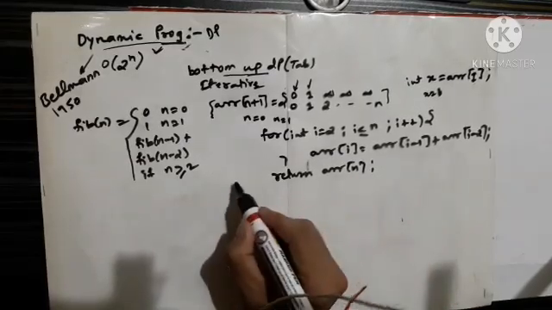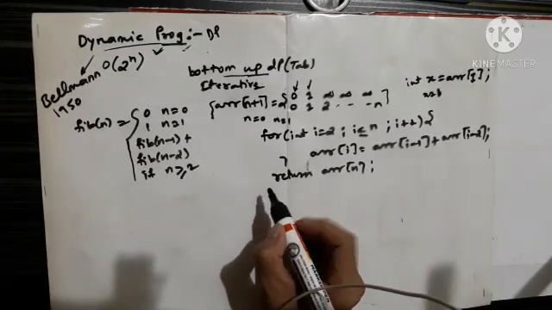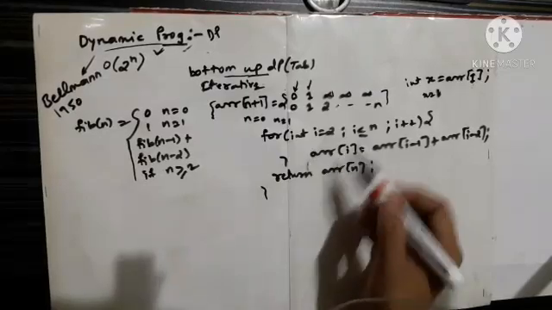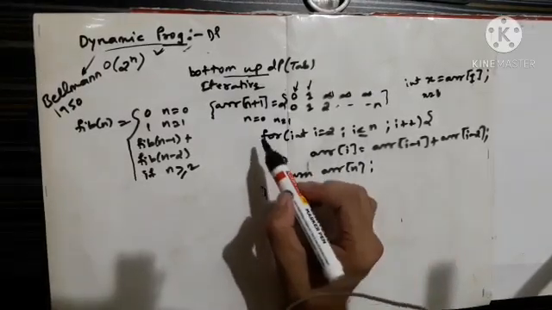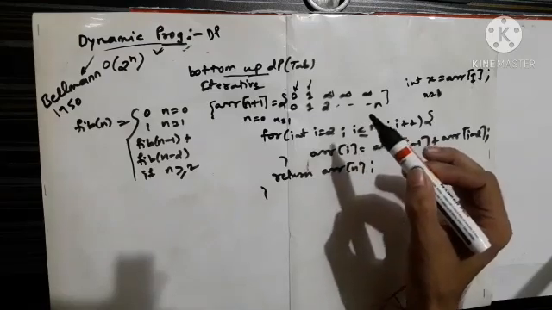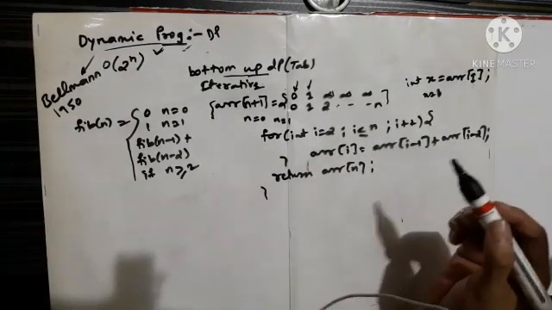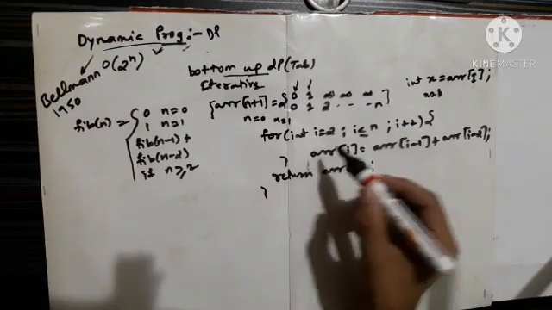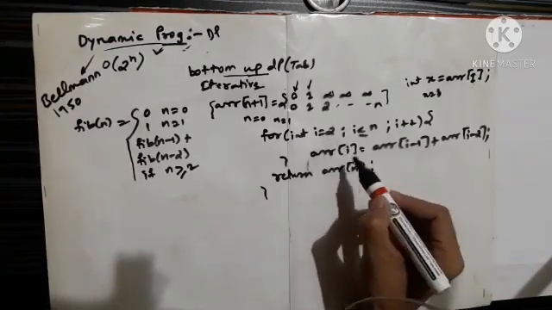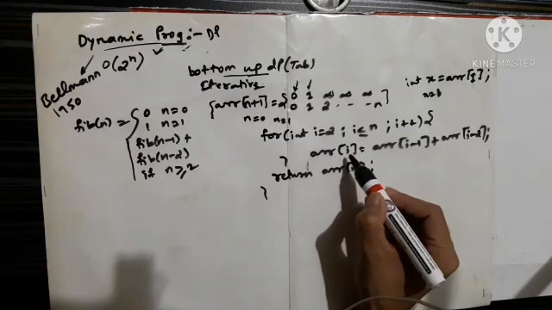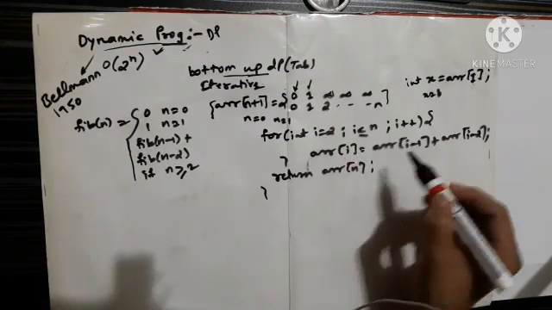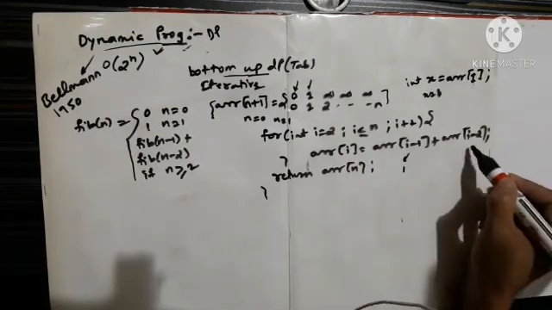So let me dry run this code so that you can grasp this concept. This is the ending of this for loop. Basically this is the complete coding part. Now let me dry run it so that you can get it very clearly. Say when i becomes 2, what is i minus 1? 1, and what is i minus 2?